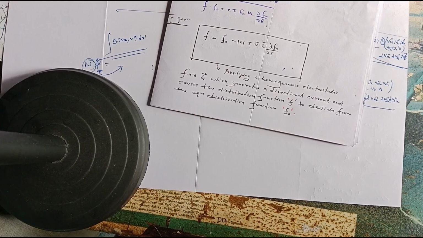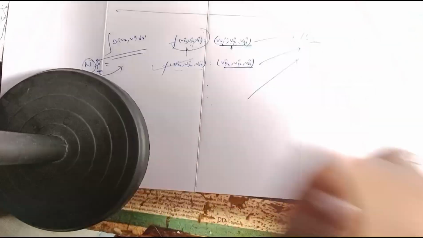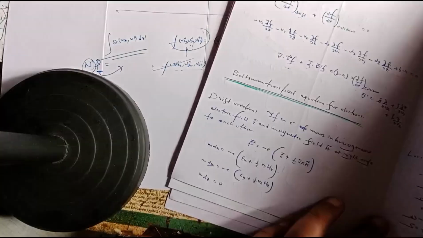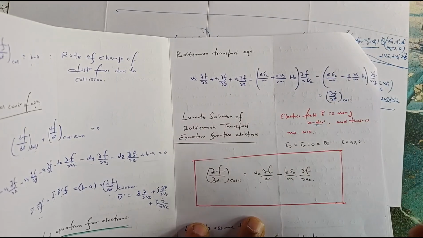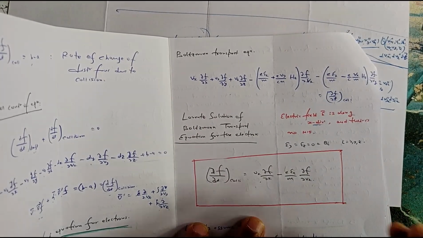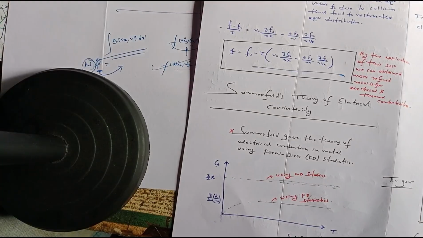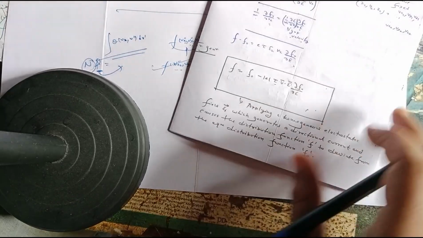This one is the generalized form, and we considered that the electric field is along the x direction and did not consider any magnetic field. Under those conditions, we finally obtained the distribution function that we will use.